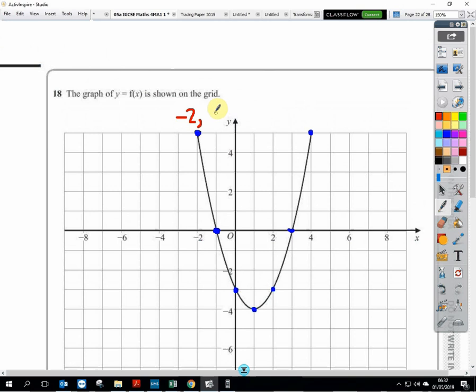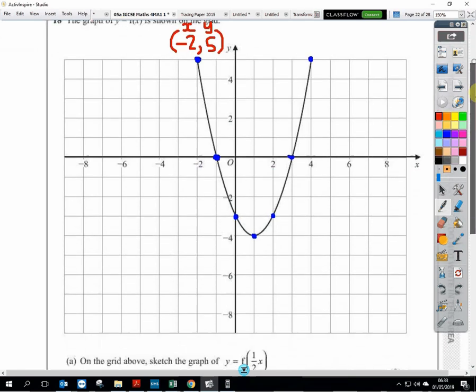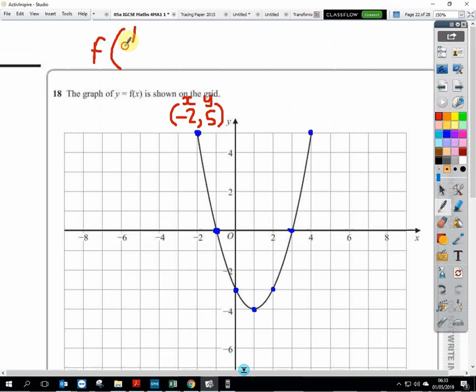So this coordinate is -2, 5. Now the x coordinate is currently equal to -2 and the y coordinate is equal to 5. And what we're trying to do is work out what happens to this coordinate under the transformation f of a half x. Now as you can see, the original curve is y equals f of x.